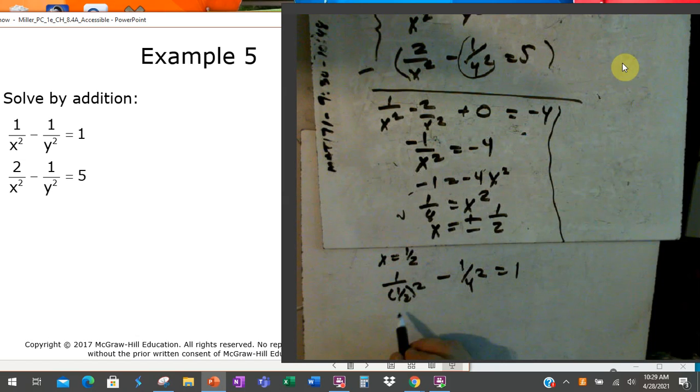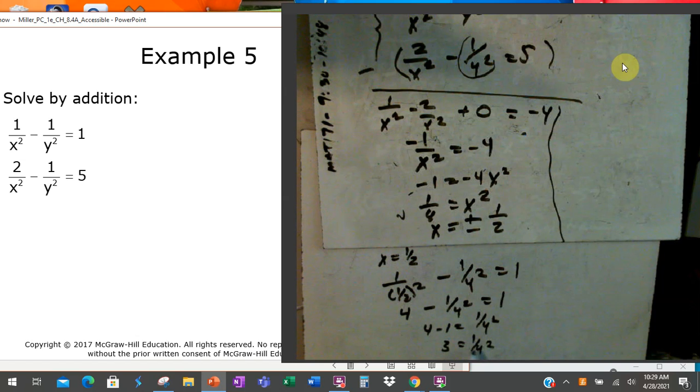So this is 4 minus 1 over y squared is equal to 1. Bring this over here, 4 minus 1 is equal to 1 over y squared. My 3 is equal to 1 over y squared.